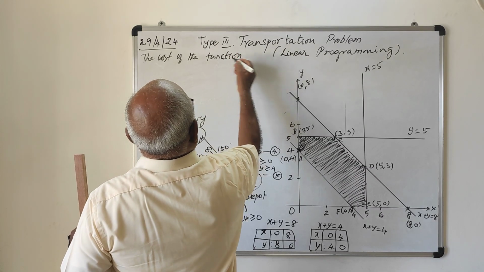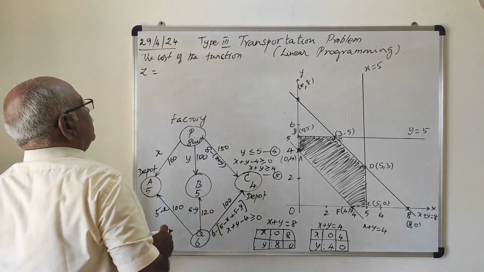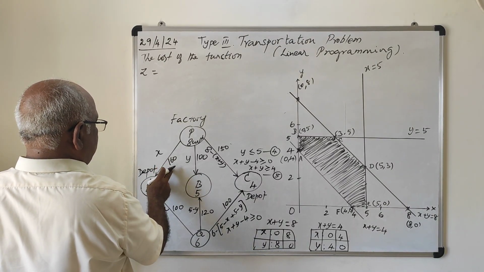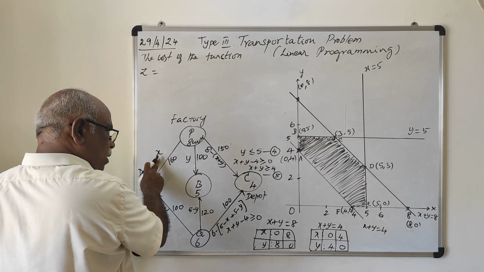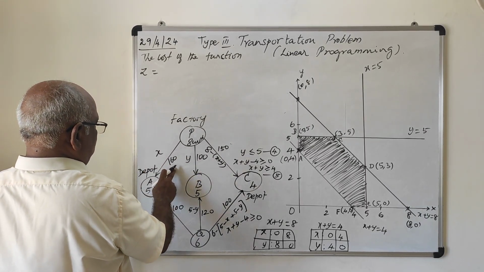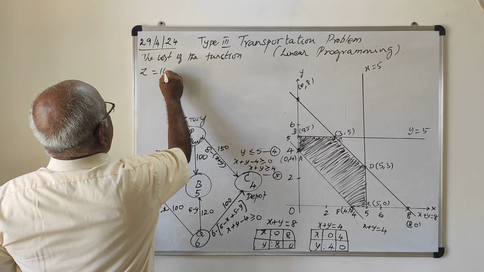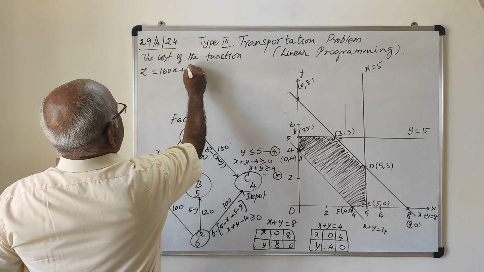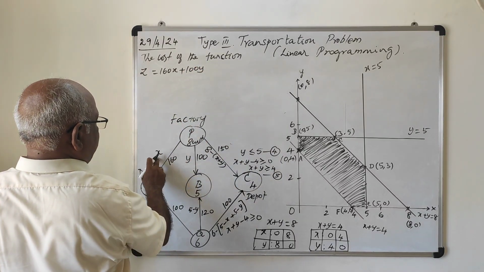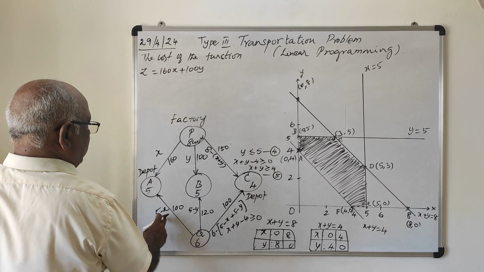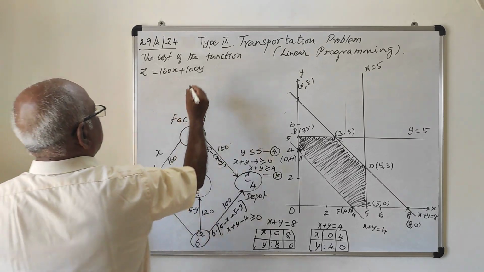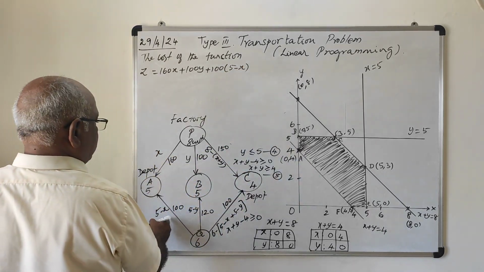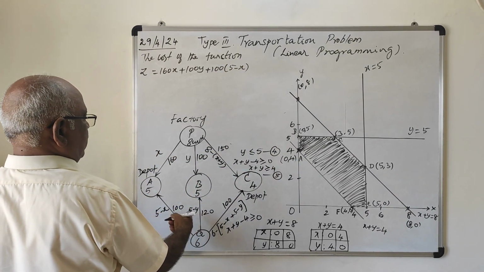Minimum cost is equal to, we have to add all these things. x into 160, because x commodities transported at a cost of 160 rupees, therefore you first write 160x plus 100y. Similarly, plus 100 into 5 minus x, plus 120 into 5 minus y.